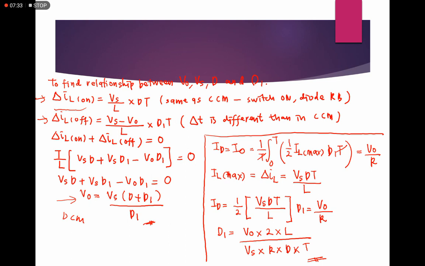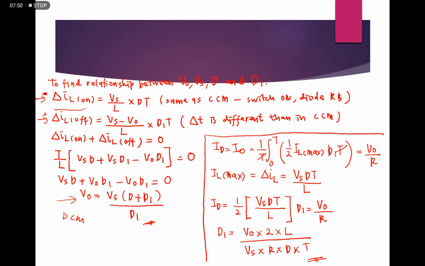Since you have the equation of delta IL, you can use either one of these equations over here, choose the one that has the least unknown parameters.